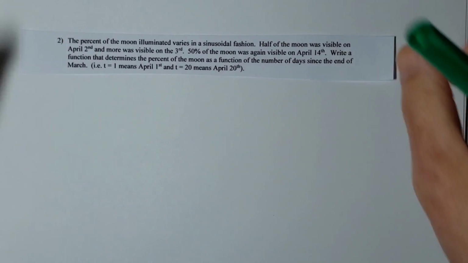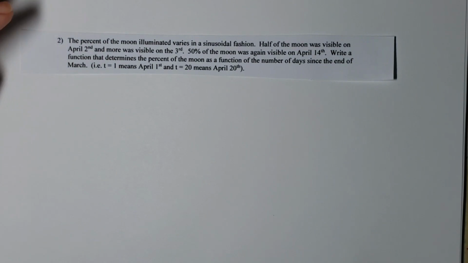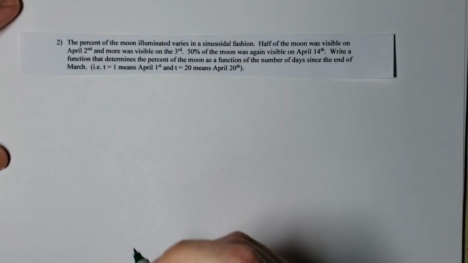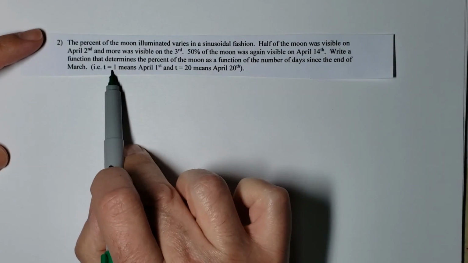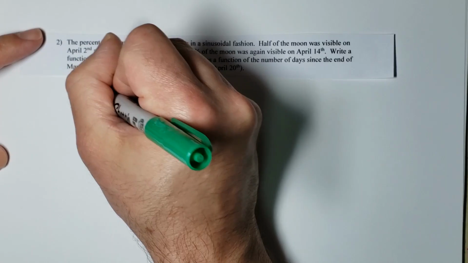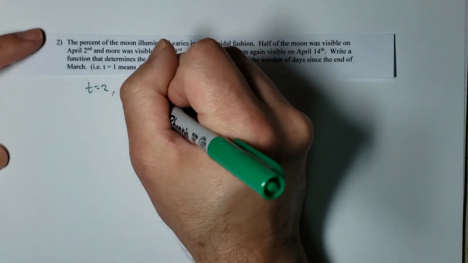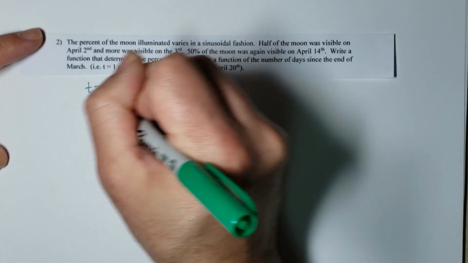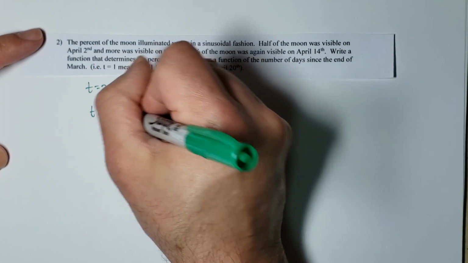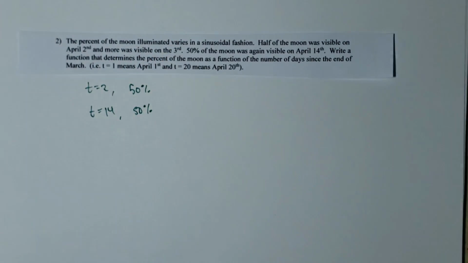All right, second one. The moon problem. All right, so we know that half of the moon is visible on April 2nd. So t equals 1 means April 1st. This is t equals 2. We're at 50%. And then at t equals 14, we're back at 50%.